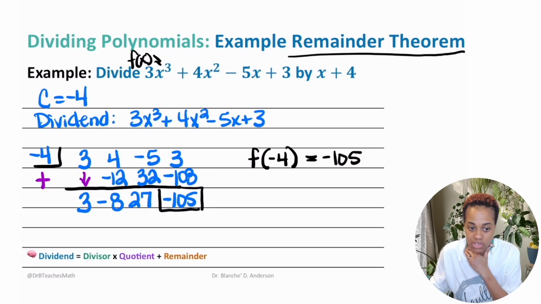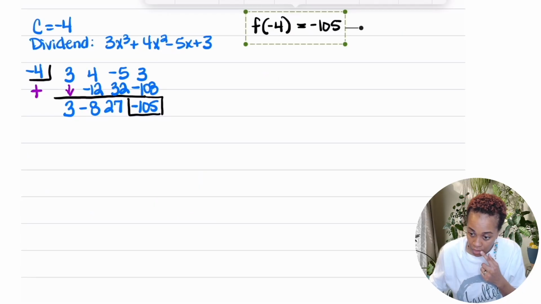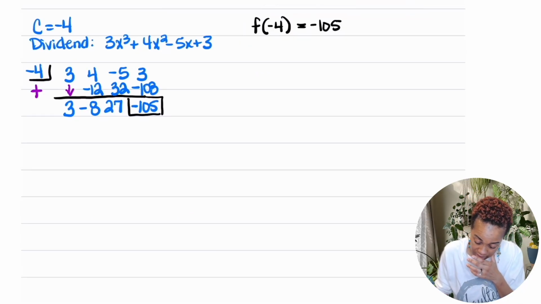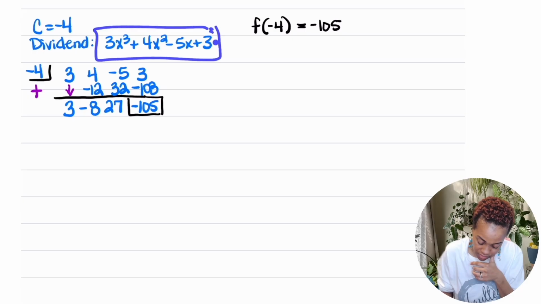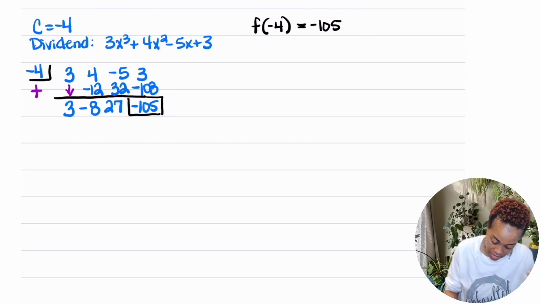Yeah, let's see it. I think if you can see it, you'll be like, oh, okay, that makes sense. Again, the remainder theorem tells us that the polynomial function evaluated at this c value is going to give us the answer -105. So let me show you.